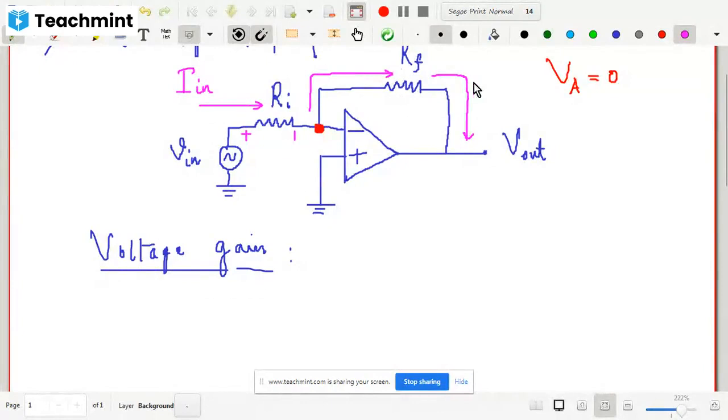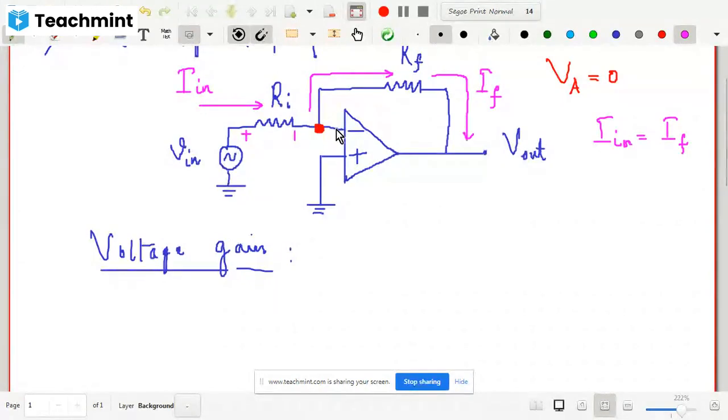Let us say this current is known as IF, the feedback current. So now you can write that I in should be equal to IF, using the concept of virtual ground and using the concept that the input impedance of op amp is very high.